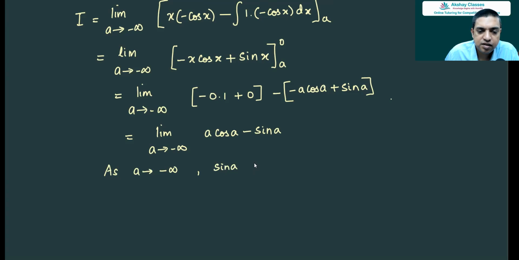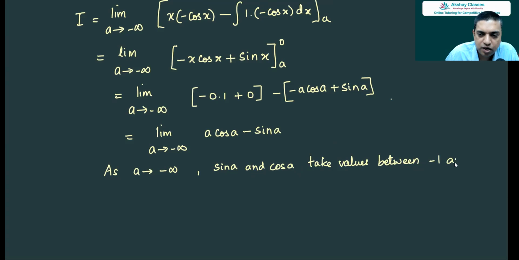Sin a and cos a take values between -1 and 1. So this will be a small fraction. This portion will lie between -1 and 1, minus sin a. So this will not go to infinity.